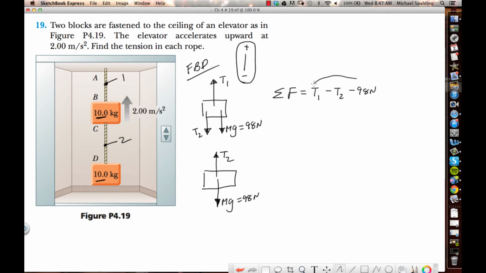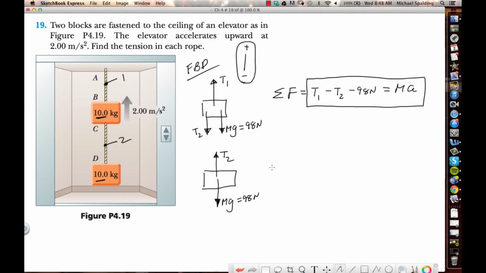What did we just do right here? Summed the forces. We just added them up. What is the sum of the forces always equal to? MA. And again, if these masses were not identical, you'd want to say M1 and M2, but since they're identical, we'll just leave it as M. Okay, so we just wrote an equation.